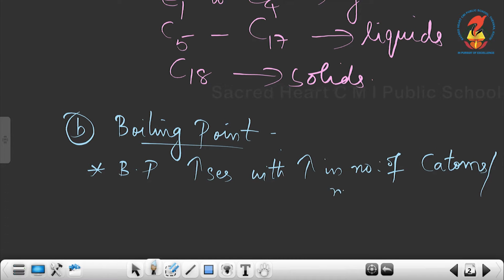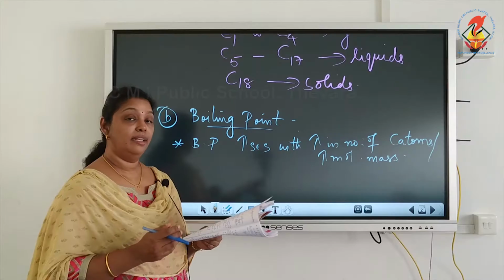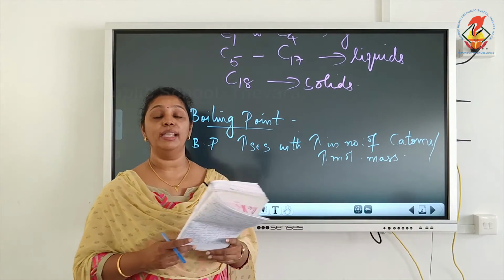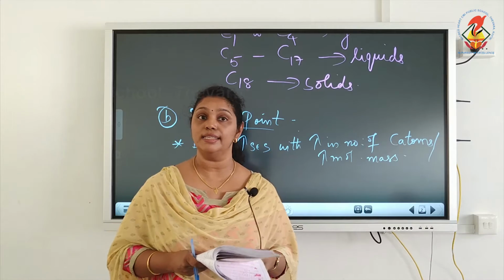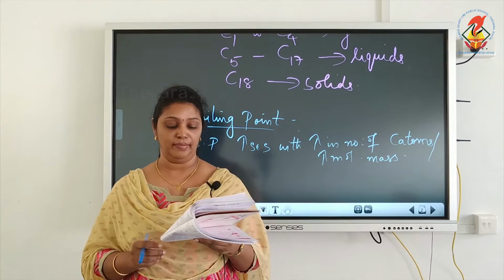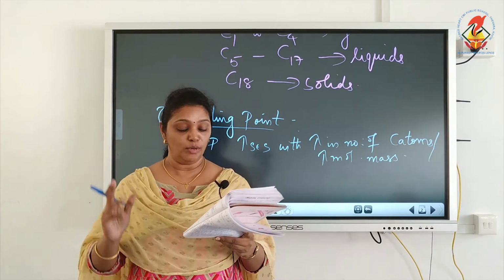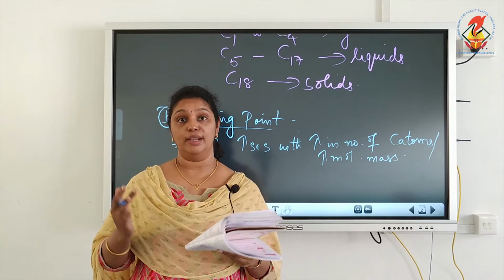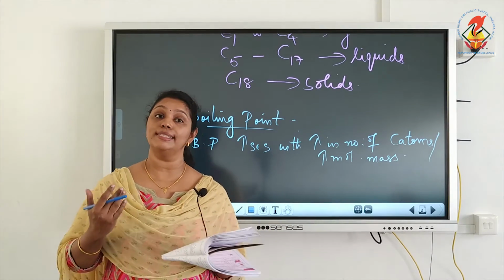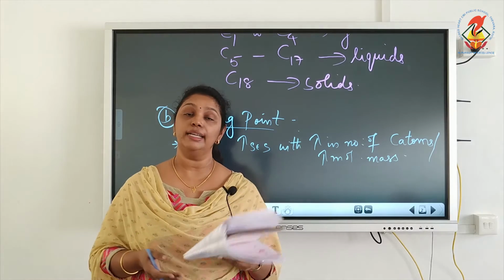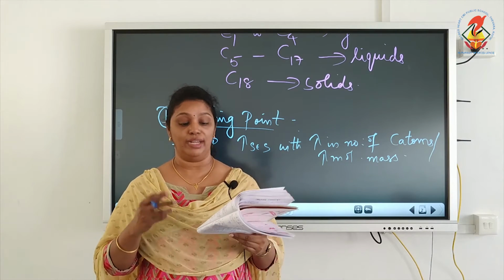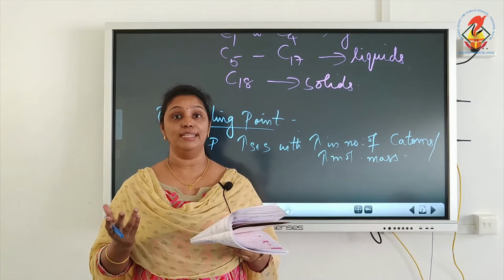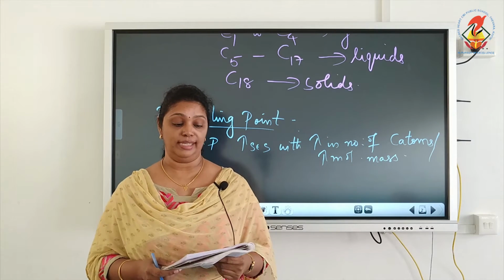Now, what is the reason for this? Why does the boiling point of alkanes increase with increase in number of carbon atoms? As the number of carbon atoms increases, molecular size increases, surface area increases, the magnitude of van der Waals force increases, and boiling point increases.